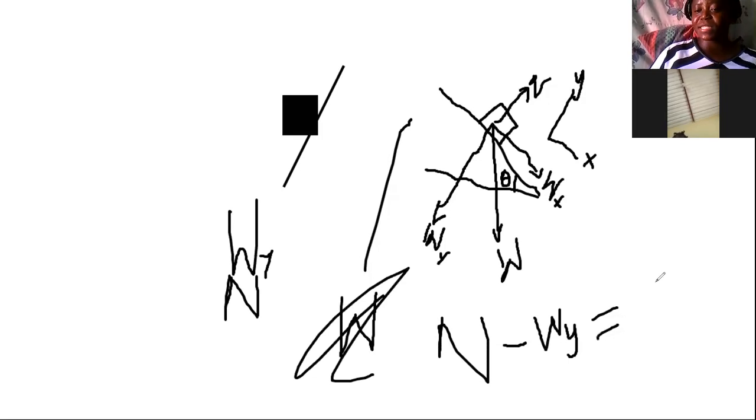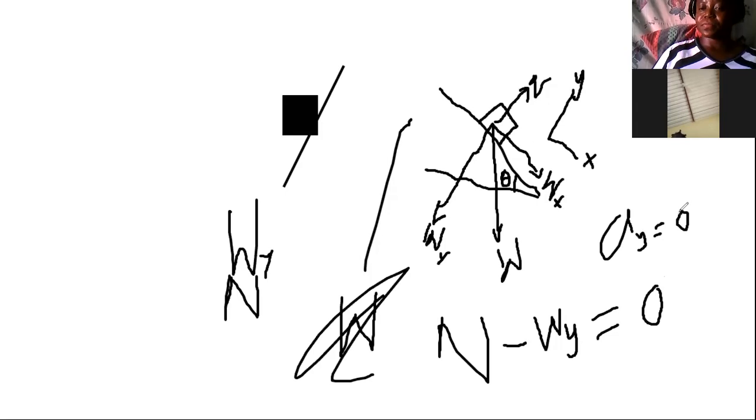This object is not moving, there is no acceleration in the y component, so we say that it equals 0. So therefore, in this case your normal force is equal to the weight acting in y components.